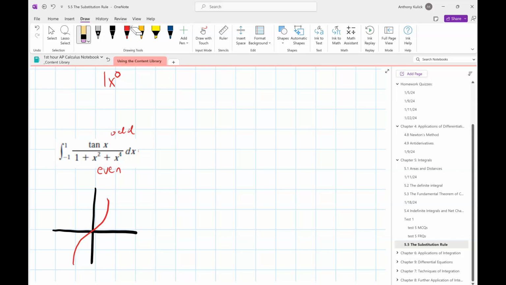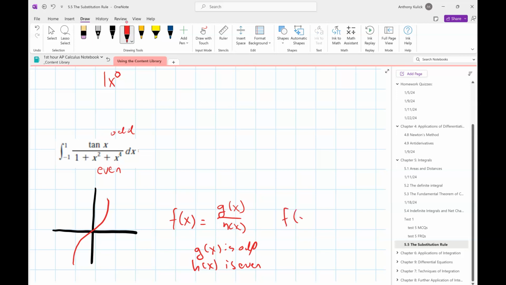I'm going to get an odd, right? So notice here, if f of x is g of x over h of x, and g of x is odd, h of x is even. If I do f of negative x, I'm going to get g of negative x over h of negative x.